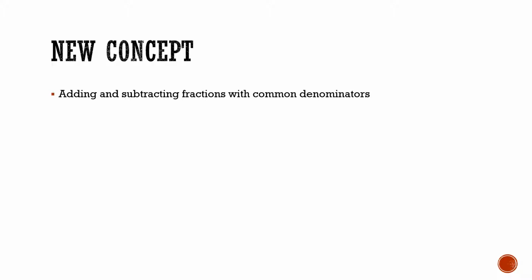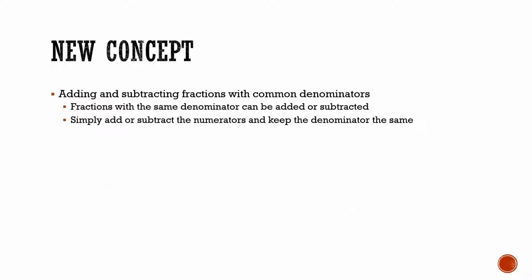So let's talk about adding and subtracting fractions with common denominators first, because you've been doing this for a while now and you already know how to do it. All you need to do is add or subtract the numerators and keep the denominator the same.